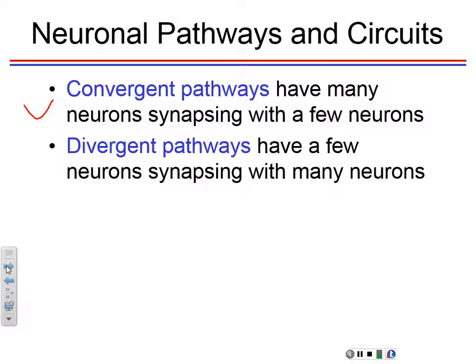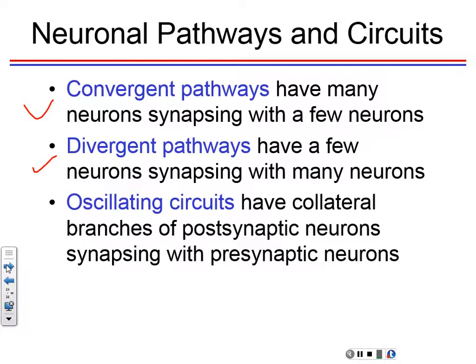So it's diverging, it's coming out like that. A few will be affecting many. That's a divergent pathway. And I'll ask you to describe these pathways and these neuronal circuits in the exam. I usually do. I'll always ask you about how the excitatory postsynaptic potentials occur, or the inhibitory postsynaptic potentials occur. And I ask you about neuromodulators and how you get summation of these potentials.